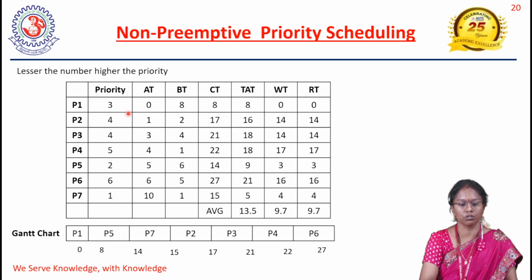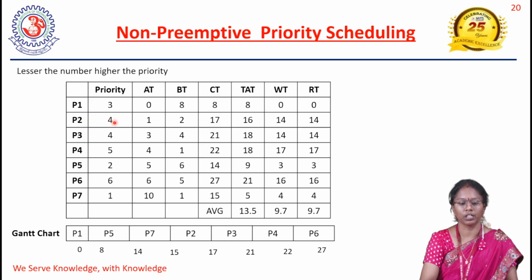Already 1, 2, 3 have been completed. Next is 4. Here, two processes have the priority 4, P2 and P3. Which process do we take, P2 or P3? Based on what concept do we select? First come first serve. Which arrived first? P2.